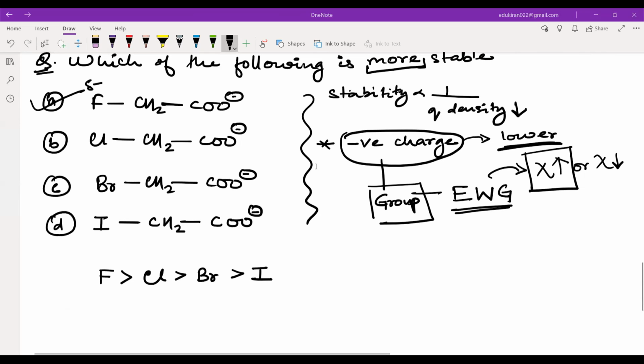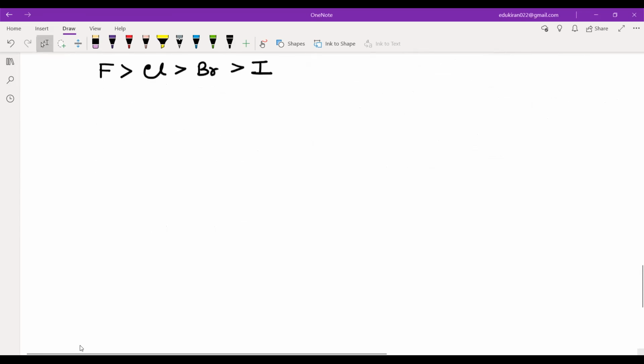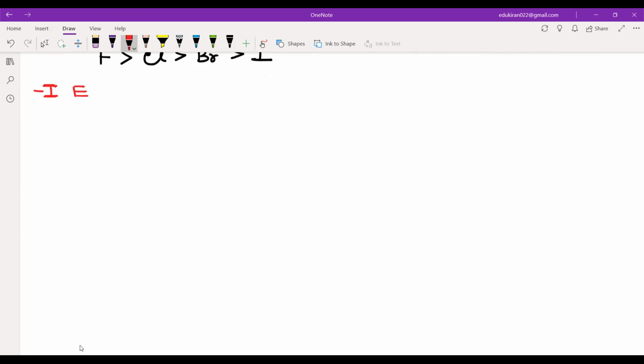If you're done, let me know. I will just write two things, the minus I group and plus I group order, and then we can move on. Done? Okay, fine. All right, minus I effect. What is the minus I effect?